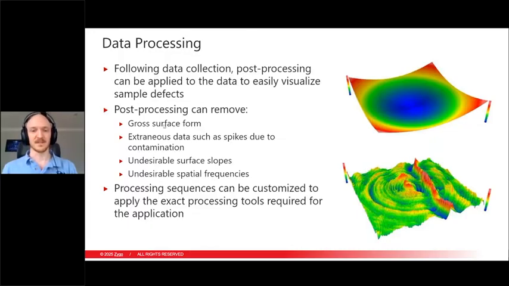So we can remove things like overall form for something that's curved, maybe it's spherical or cylindrical. We can also remove things like spikes if there's any contamination that we're not interested in calculating any results on. Particular surface slopes, and also particular spatial frequencies. We have the ability to filter all of those out to show us only what we want to see.